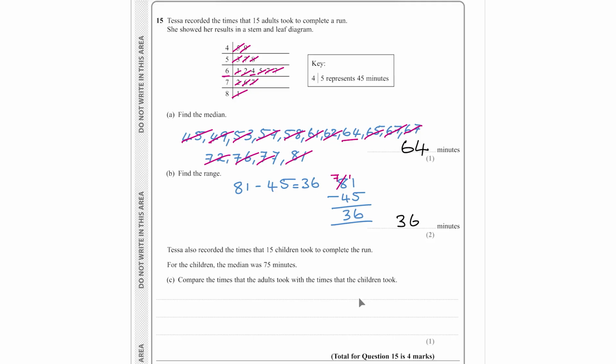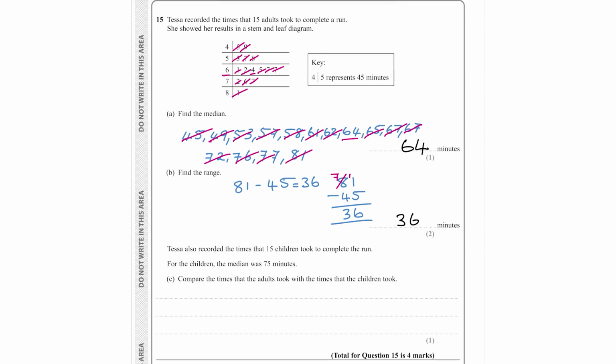Okay, look here, we've got quite a few lines where they want a good comparison. They're asking us to compare the times the adults took with the times that the children took. So we know the median for the adults was 64 and the median for the children was 75. So I would compare those two values, and then I think we can say that the median average for the adults was smaller, so the adults were faster.